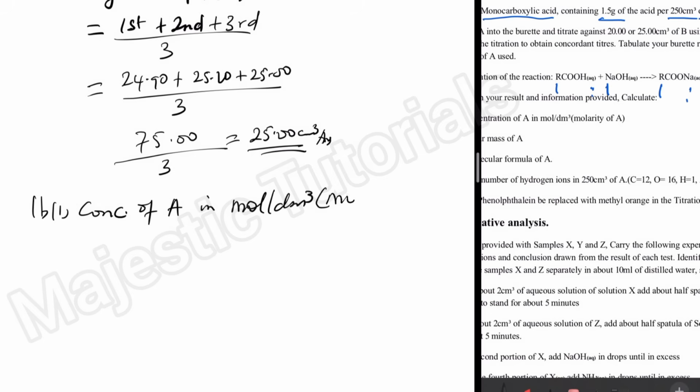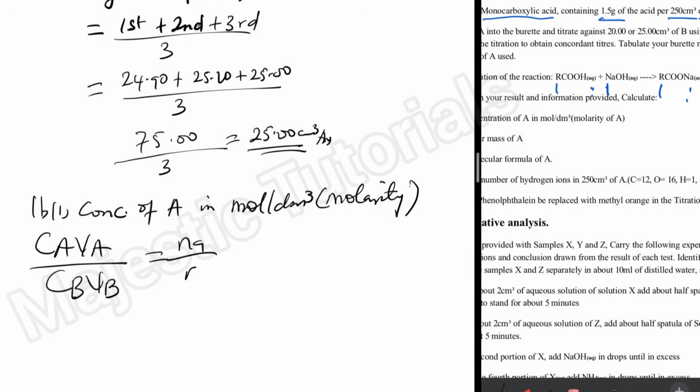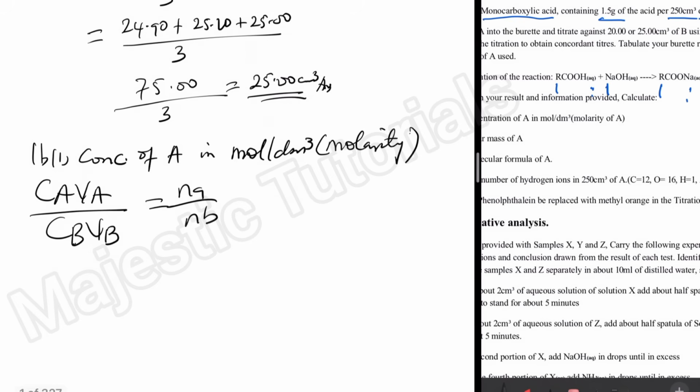You can see this as calculation for molarity. Over here, there are two possible formulas you can apply, but which one will we apply here? We will apply the Carver formula according to my students, CAVA all over CBVB. They call it the Carver formula, but there is no universal acceptance to that terminology.